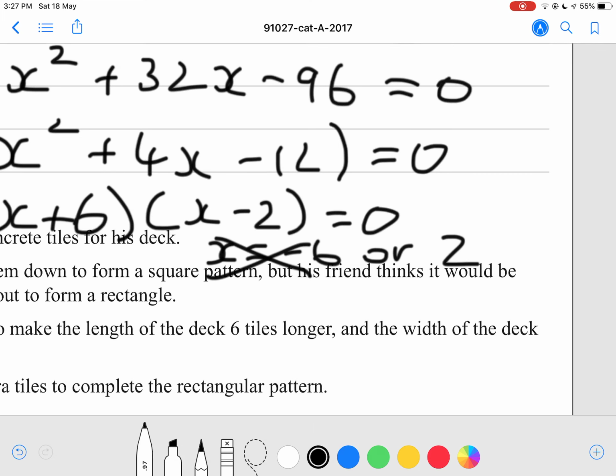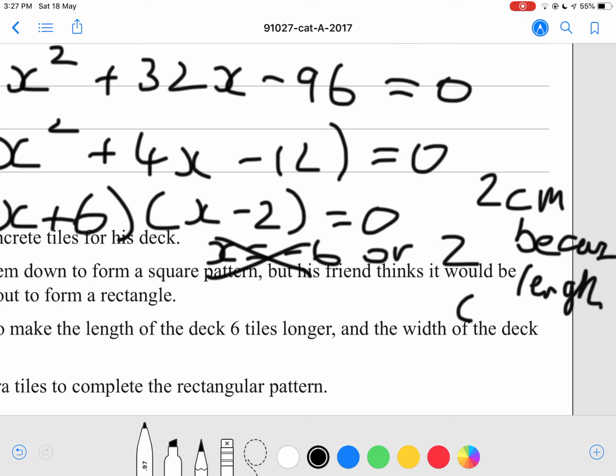So therefore it can only be 2 centimeters. So I'll just say 2 centimeters because length can't be negative, okay? That's basically all you say.